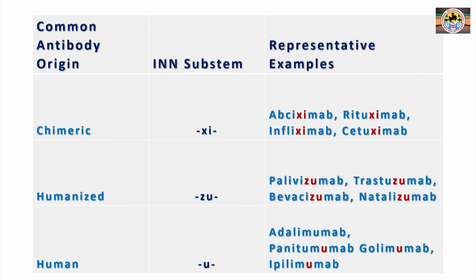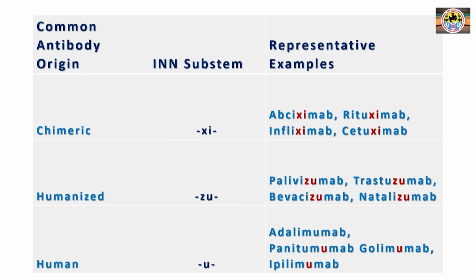Next, this slide is showing examples of a few antibodies. Chimeric is represented as "xi"; examples are Rituximab and Cetuximab. Humanized types are represented as "zu"; examples are Palivizumab and Bevacizumab. And another one is human, represented as "u", for example Ipilimumab.